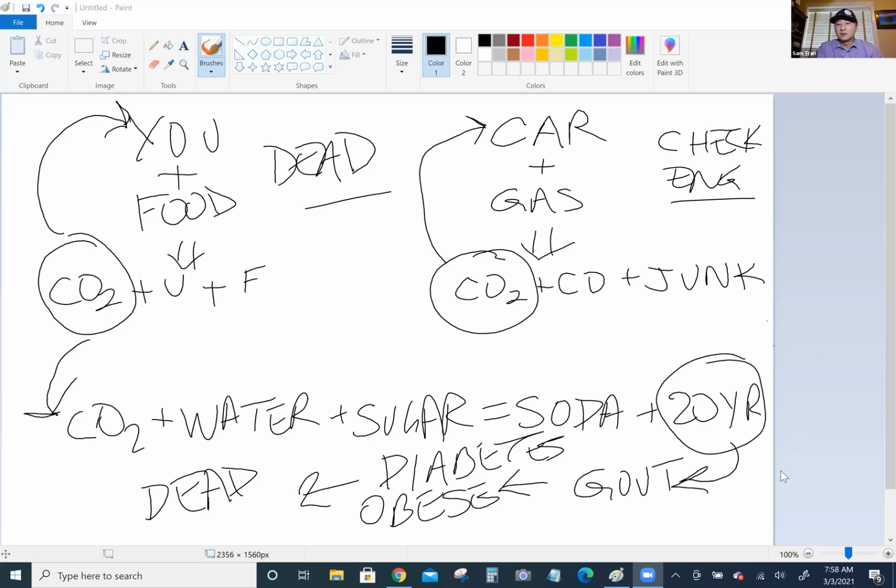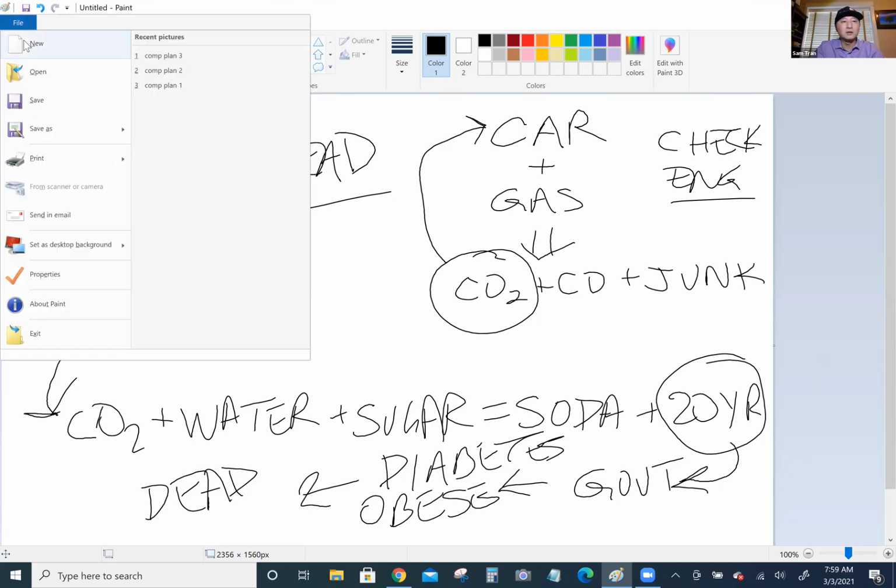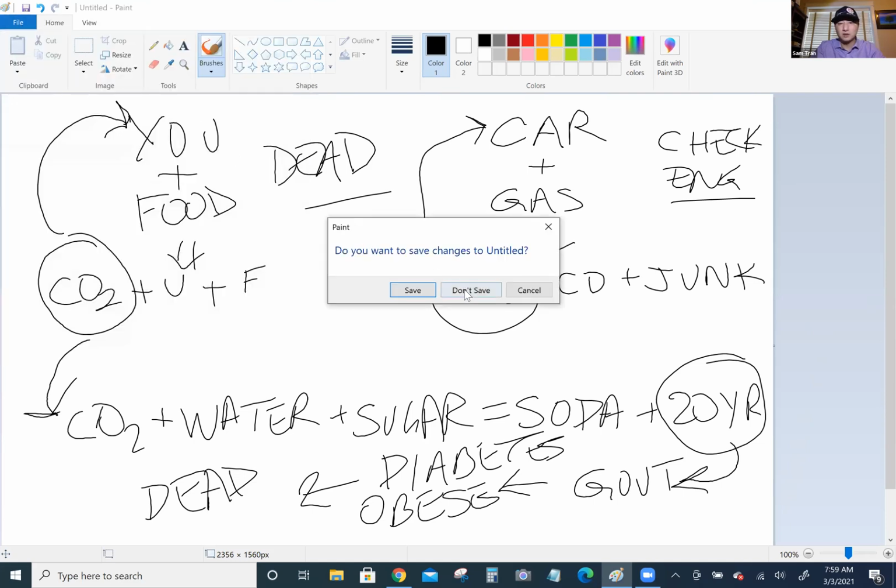I'm gonna take a screenshot, and then I'm gonna wipe it out, okay? Understand it and then redraw that diagram yourself. Okay, there we go. I got it. Let me make a new one here. Don't save.